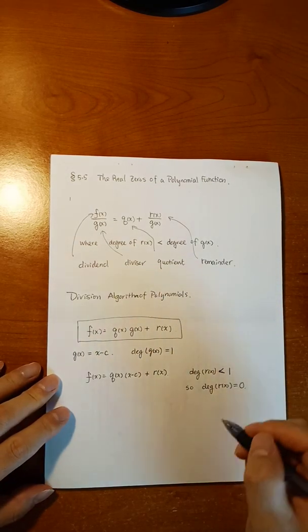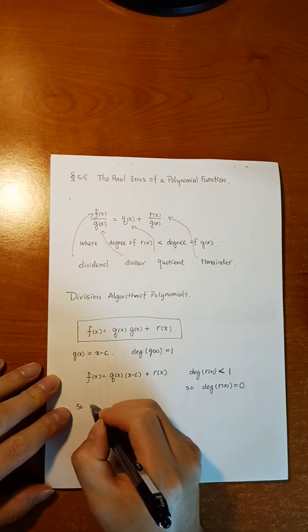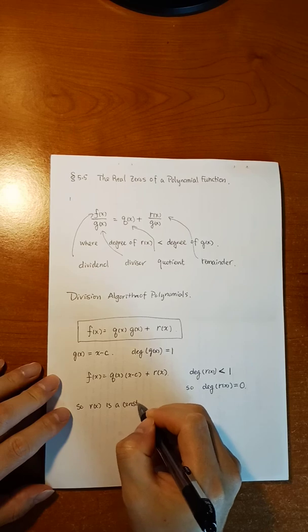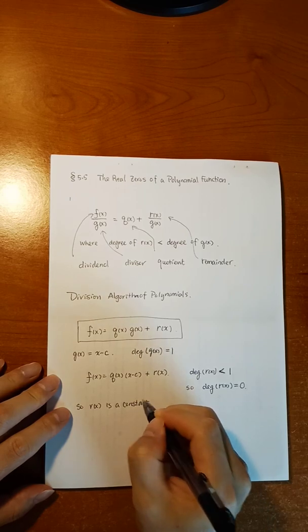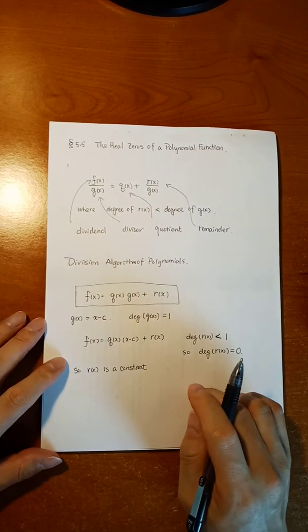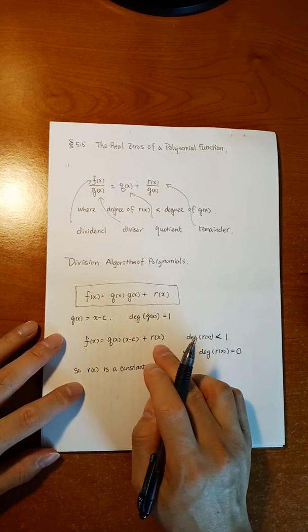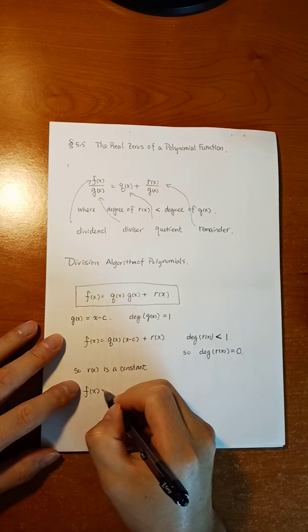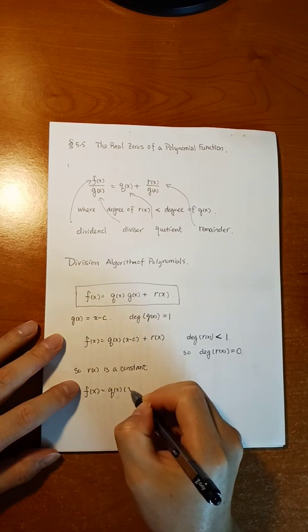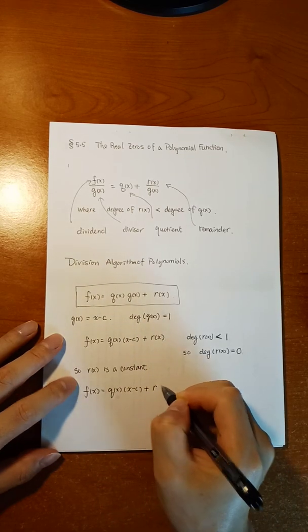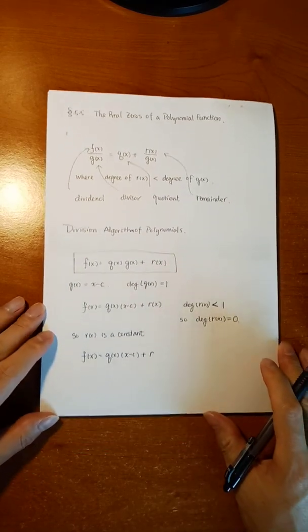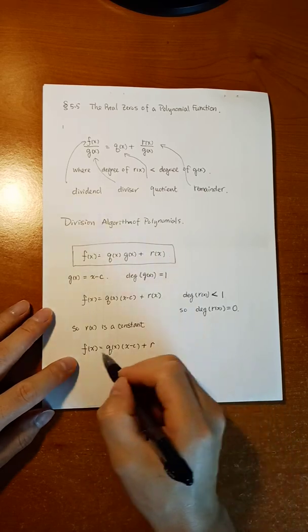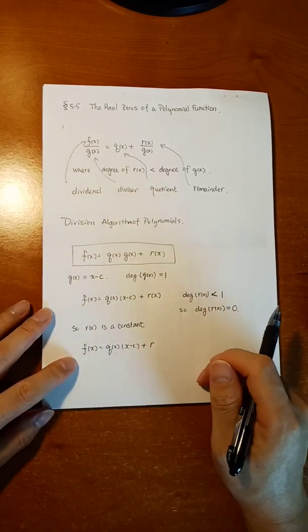So r(x) is a constant. When r is a constant, we can just write r instead of r(x). And then this is an identity. It works for all x.